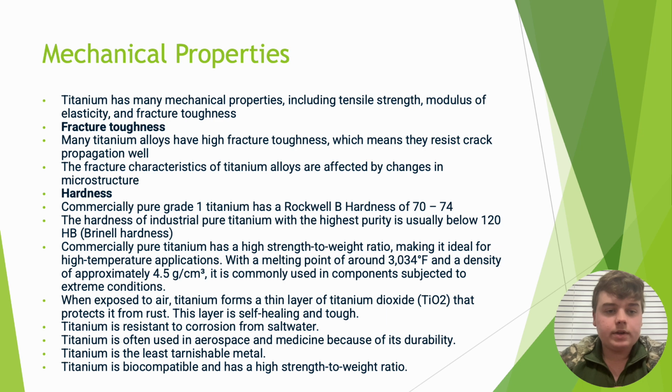The hardness of industrial pure titanium with the highest purity is usually below 120 Brinell hardness. Commercially pure titanium has a high strength to weight ratio, making it ideal for high temperature applications, with a melting point of around 3034 Fahrenheit and a density of approximately 4.5. It is commonly used in components subjected to extreme conditions.